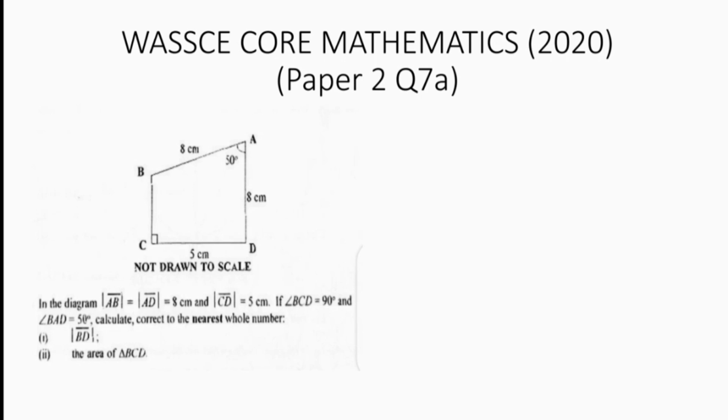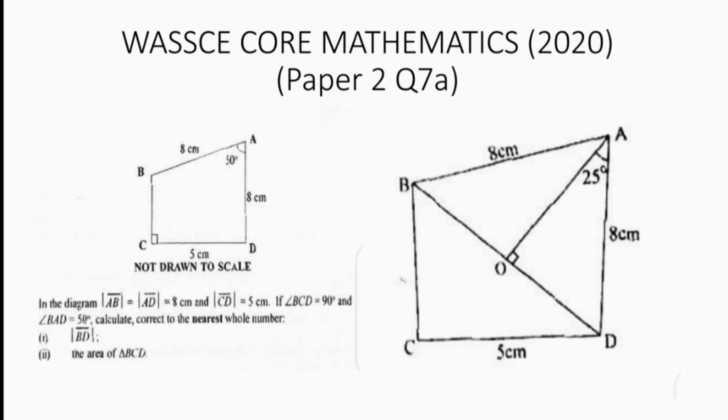We will indicate line BD and introduce line AO, which will divide triangle BAD into two equal parts since it is an isosceles triangle. Line OA will be perpendicular to line BD, such that the length of line OB will be equal to the length of line OD.